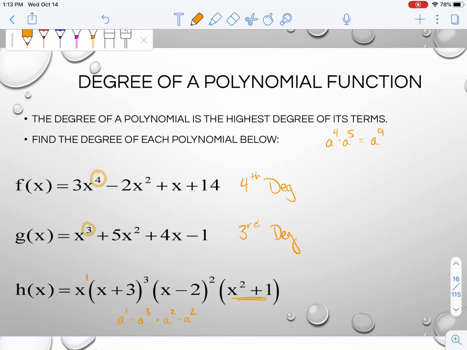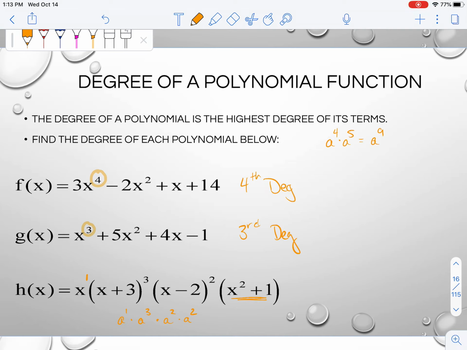If I were to multiply that together, I'm going to add all of those exponents, and the sum of the exponents is going to be the new exponent for that product. The same thing here: if I have something in factored form, the sum of my individual degrees, if I multiply them out, the leading terms would have to be essentially the degree of each individual quantity.